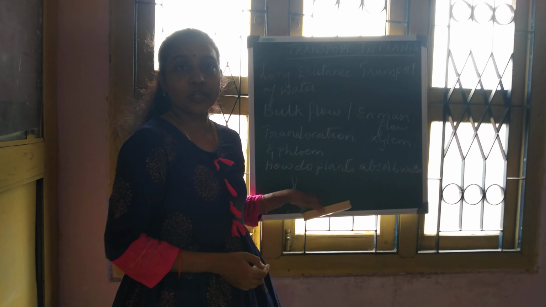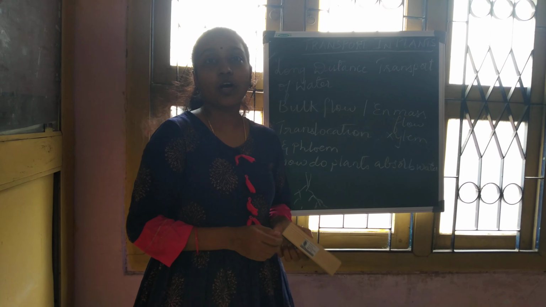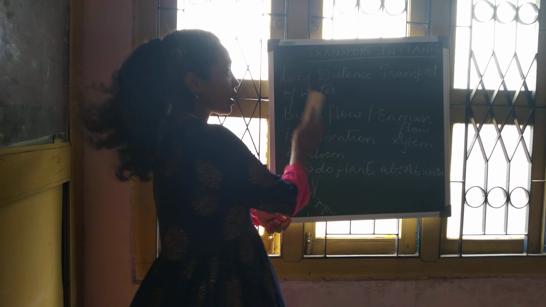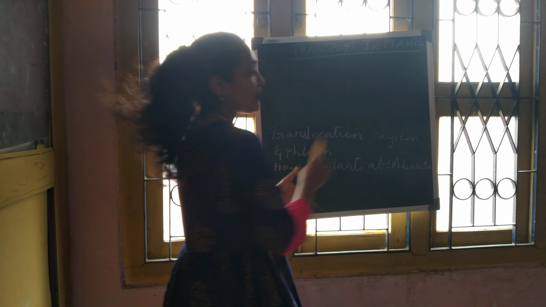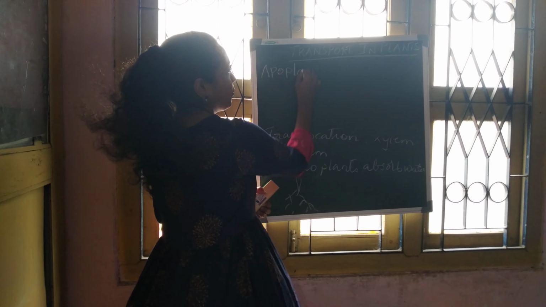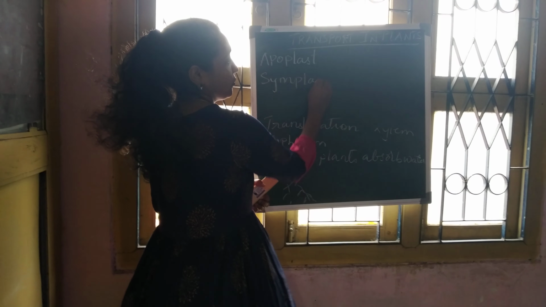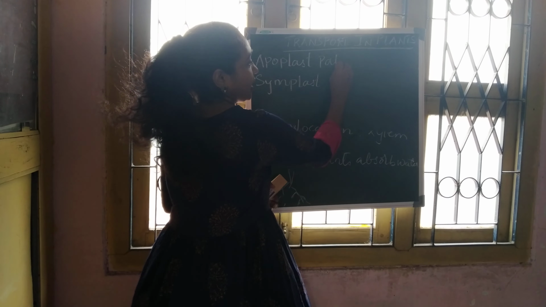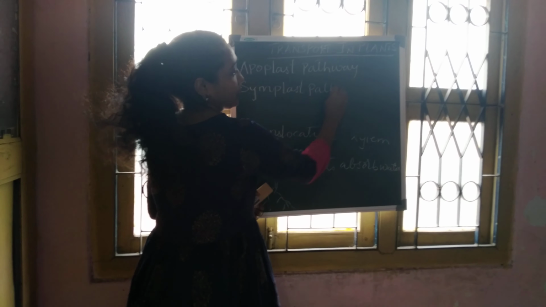And from the root, it is sent to other parts of the plant by means of two systems called the apoplast pathway and the symplast pathway.